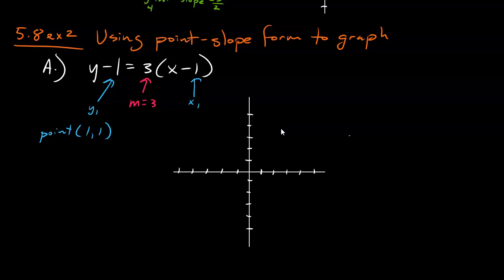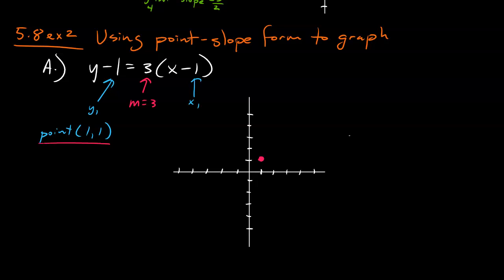So I'm going to graph the point first. The point is 1, 1. It's not a y-intercept this time because it's just a normal point. But this layout works the same way.